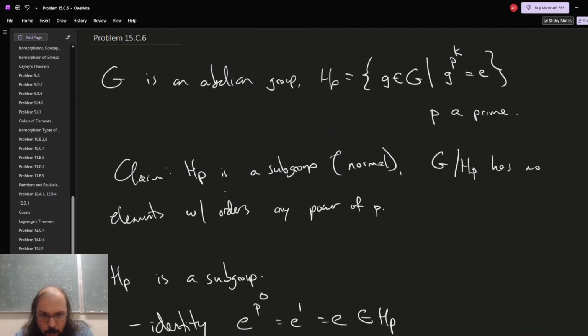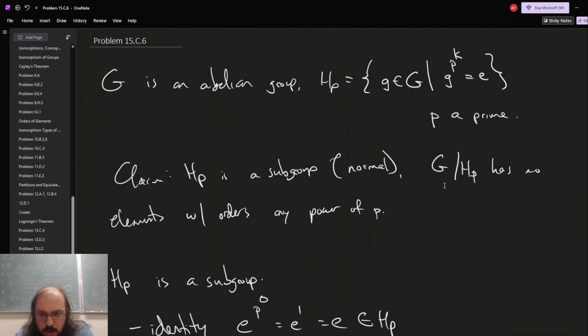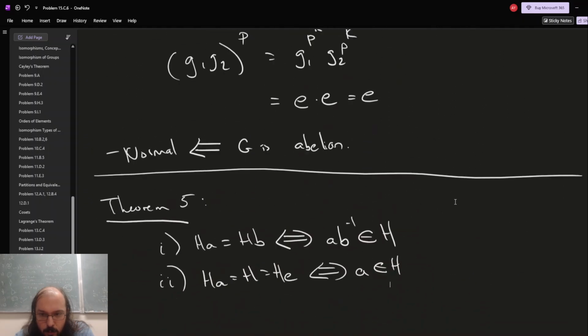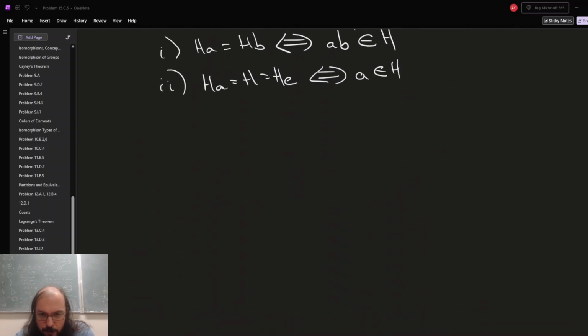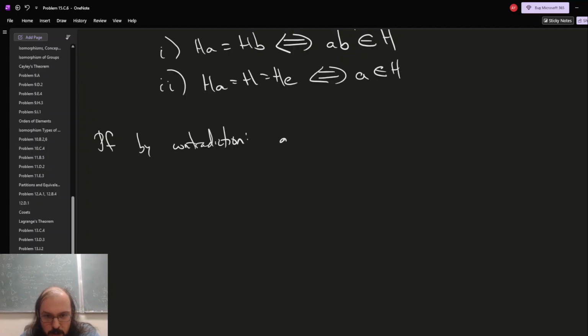So let's recall the statement we have to prove. We have to prove that G mod H_P has no elements with any order which is a power of p. So we'll do a sort of proof by contradiction for that part. So we suppose we have an element in G mod H_P, and also let's suppose that its order is p to the k.